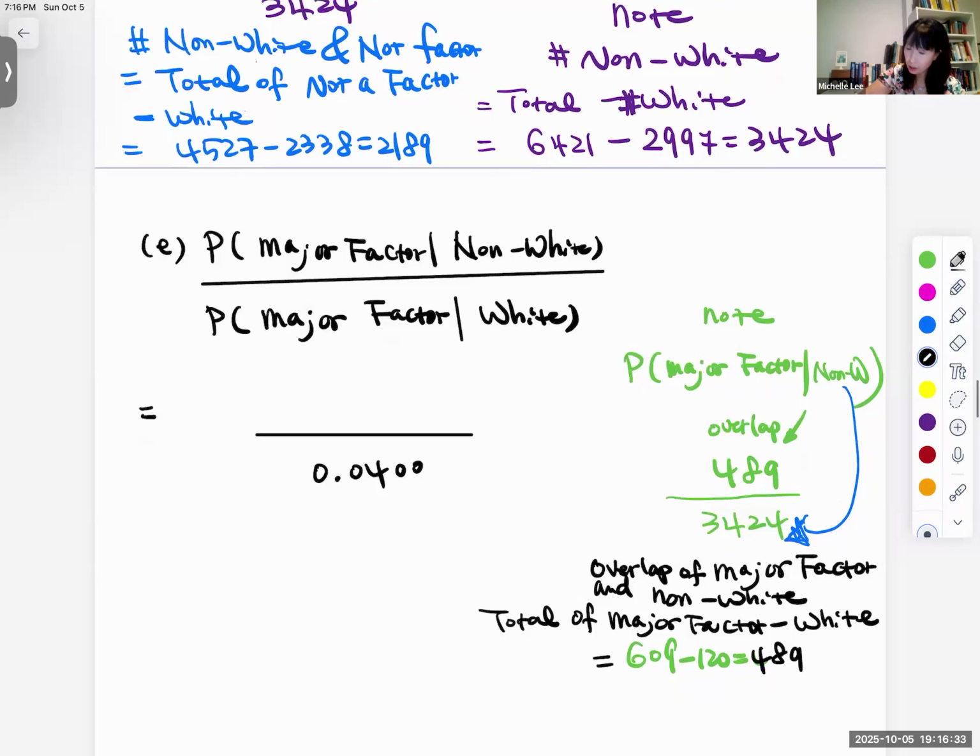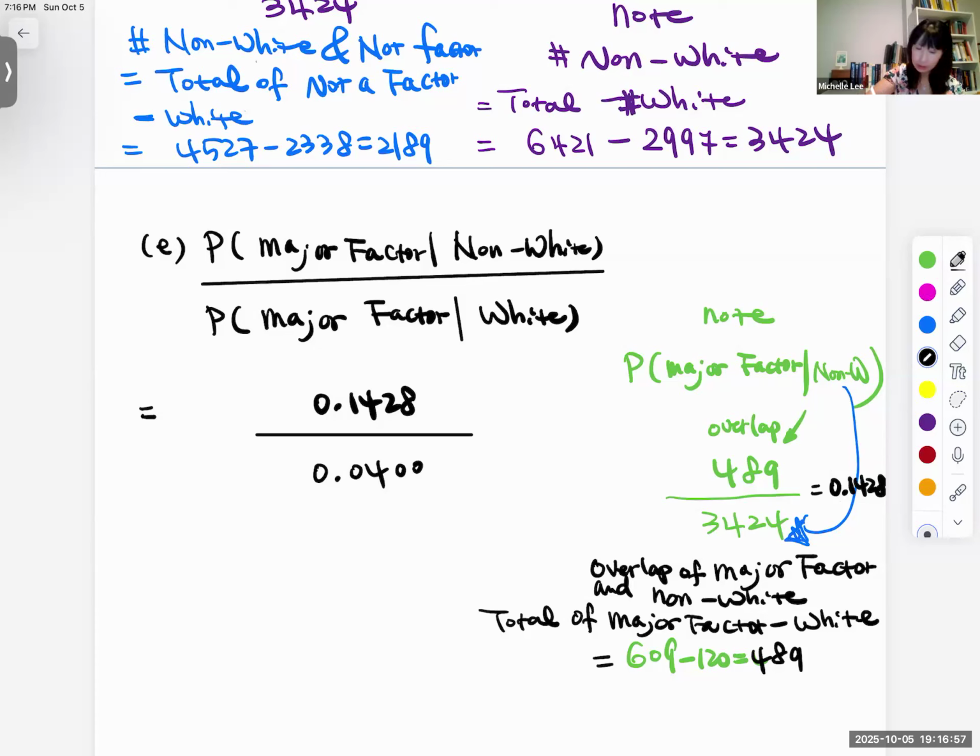Then, can you please calculate 489 divided by 3,424, which is 0.1428? So we have 0.1428. Yeah.